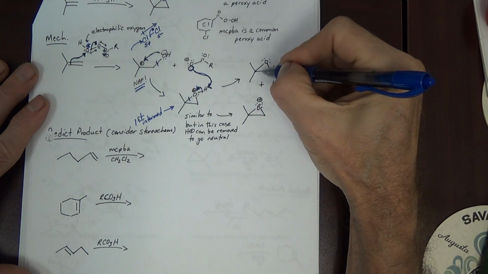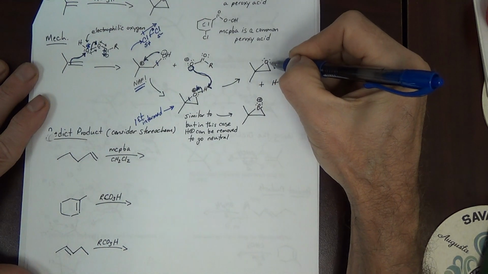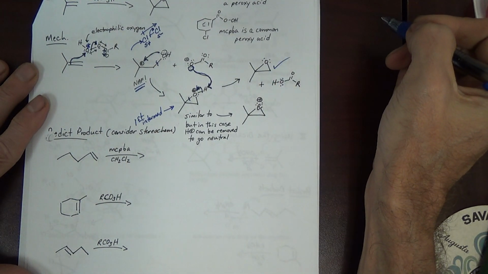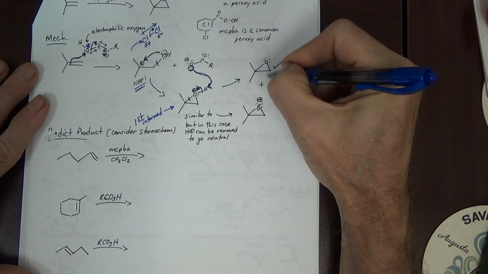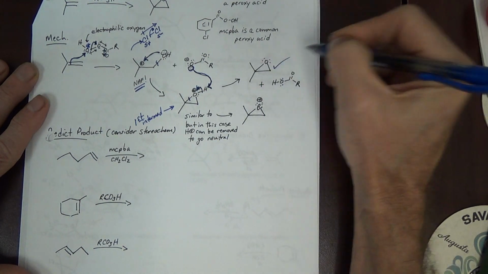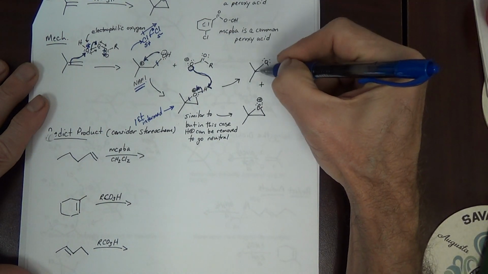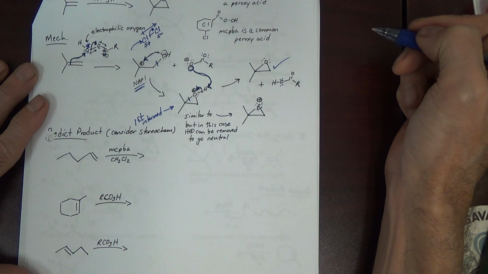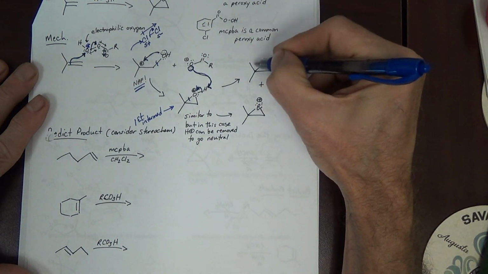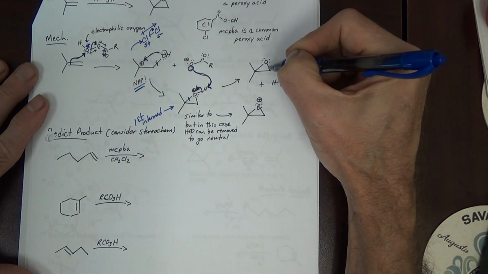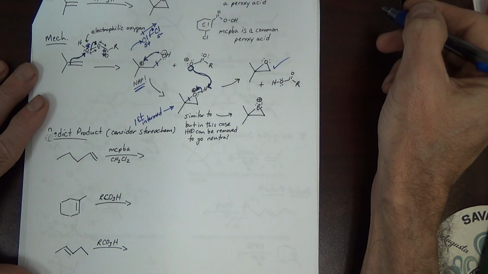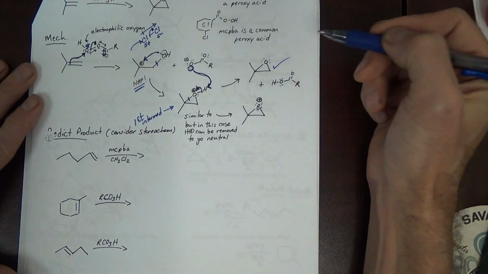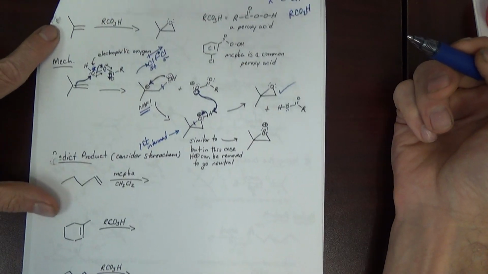Now, an epoxide is a rather strained three-membered ring. That does not mean that we cannot make such a ring. They can be made. Now, they do tend to be fairly reactive. And we will learn about the reactivity of epoxides in Organic 2. Here in Organic 1, we see how to make them from alkenes.